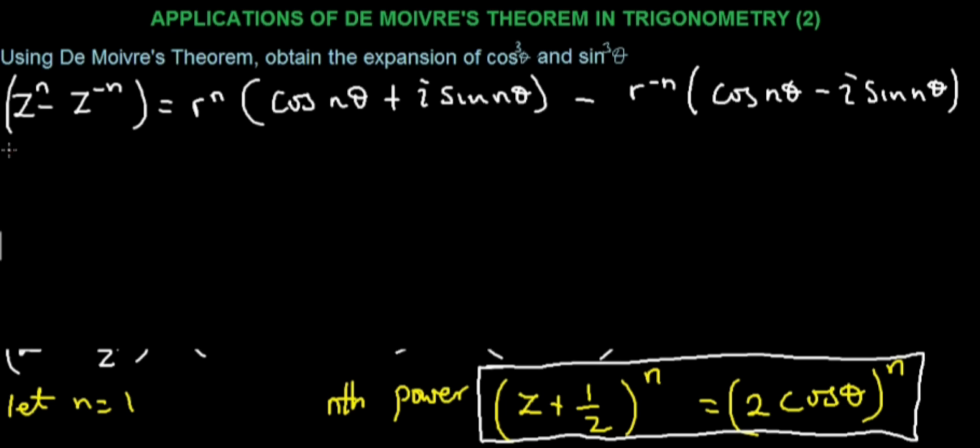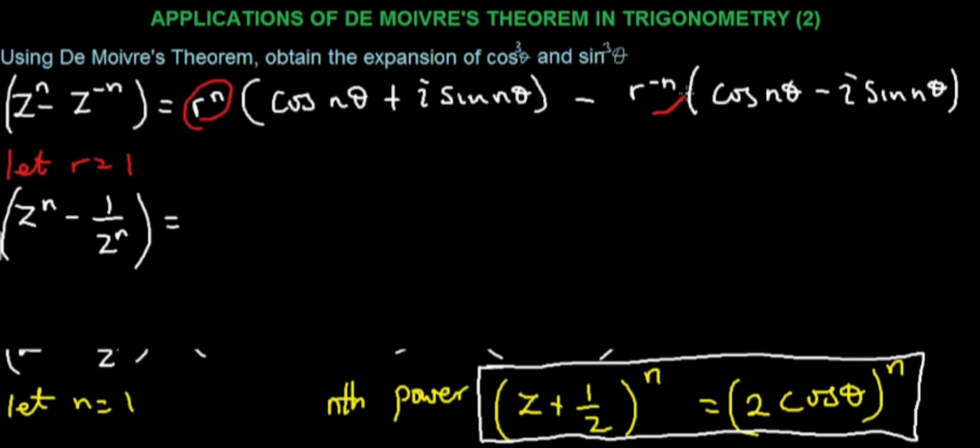So again, let r be equal to 1, then I will have z to power n minus 1 over z to power n is equal to this. Since r is now 1, the whole of this will be 1, so this is out, this is also out.